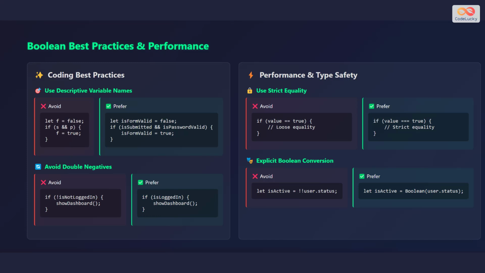Use strict equality, represented by 3 equals signs, to compare a Boolean value with a true or false value. For example, use 3 equals signs instead of 2 when comparing values with true or false. Use explicit Boolean conversion. For example, instead of using double negation, use the Boolean function to explicitly convert any value into a Boolean value. By following these practices, you can improve your code readability and avoid common errors.